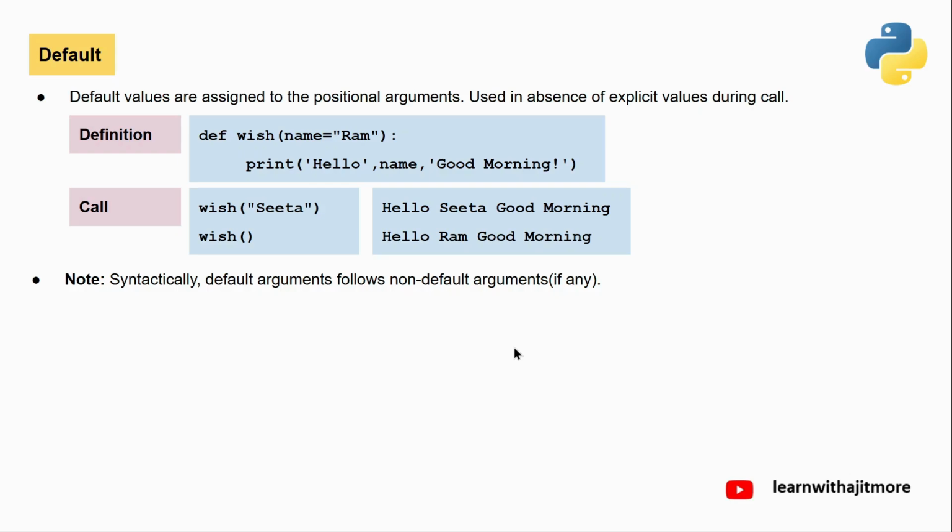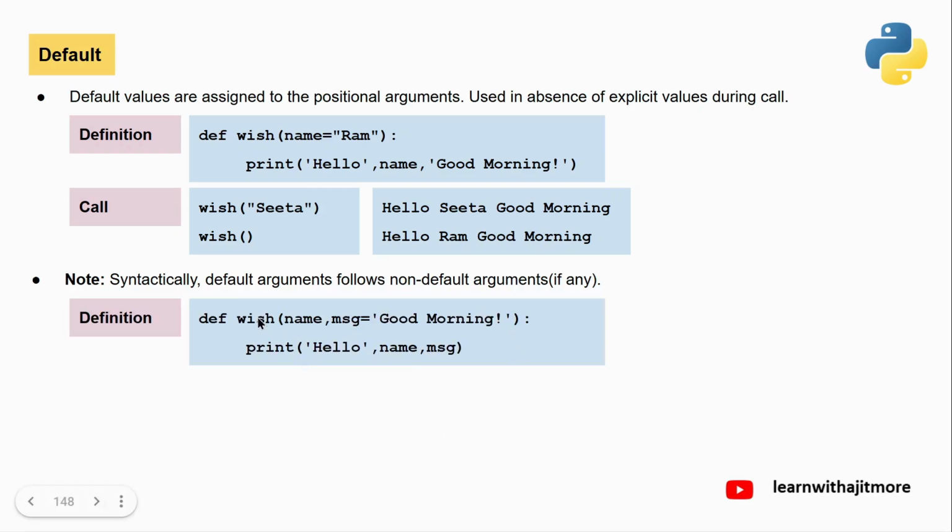So that rule you should remember. See, like I have given name and message. Can you see message is given a default value? So it is following a non-default value.